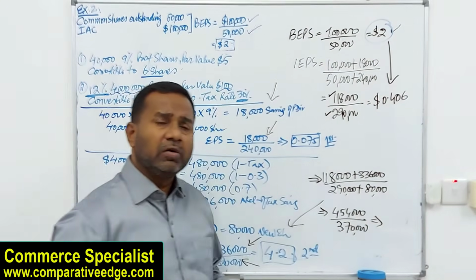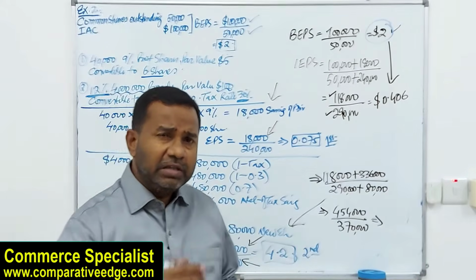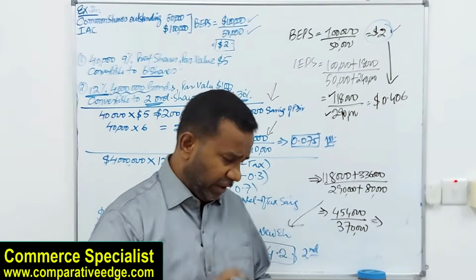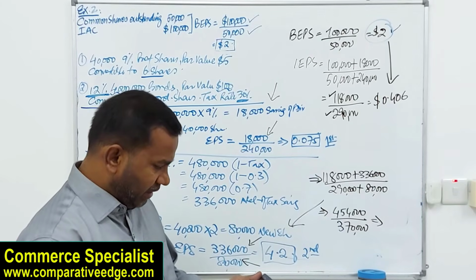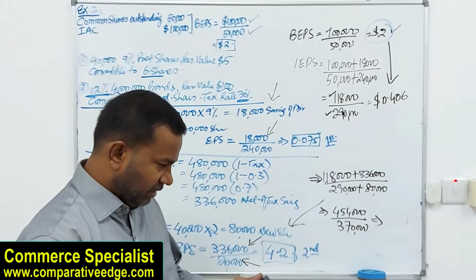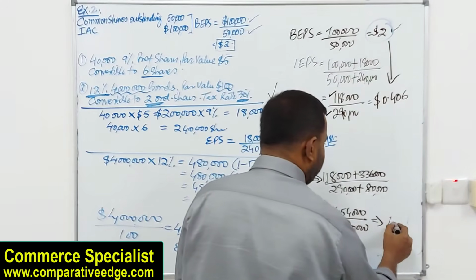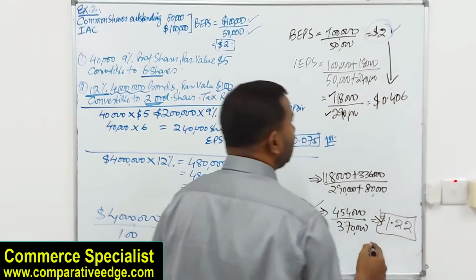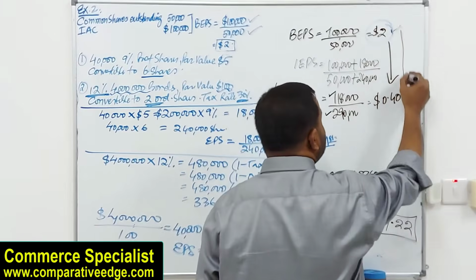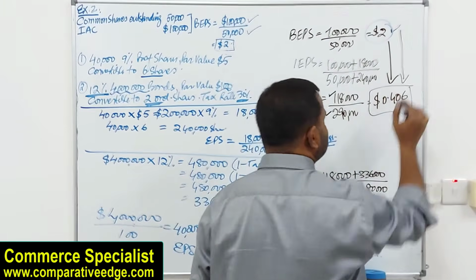So now when I calculate the EPS, is it increasing or decreasing? That's a very important point. So 454,000 divided by 370,000 gives me $1.22. Now look, ladies and gentlemen, from $2 the EPS went down. It became this much.